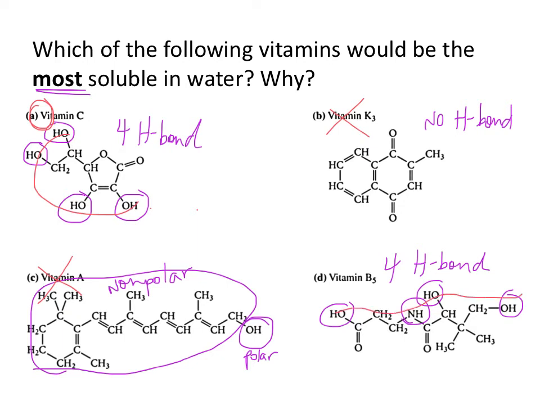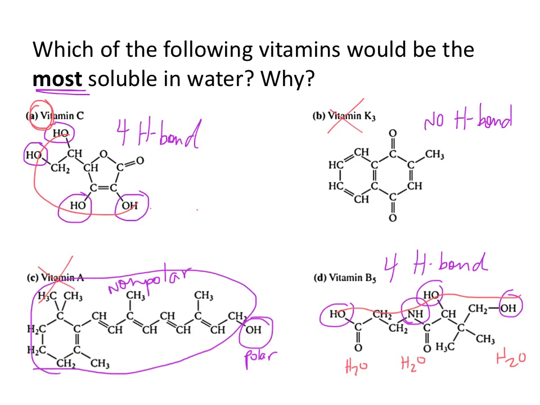So you wouldn't get a whole lot of water attached down here at the bottom because there's really no hydrogen bonding sites available down here at the bottom. So if I had to guess, I'd pick vitamin C instead of vitamin B5, but I think that based on the structure, both of them would be pretty soluble.